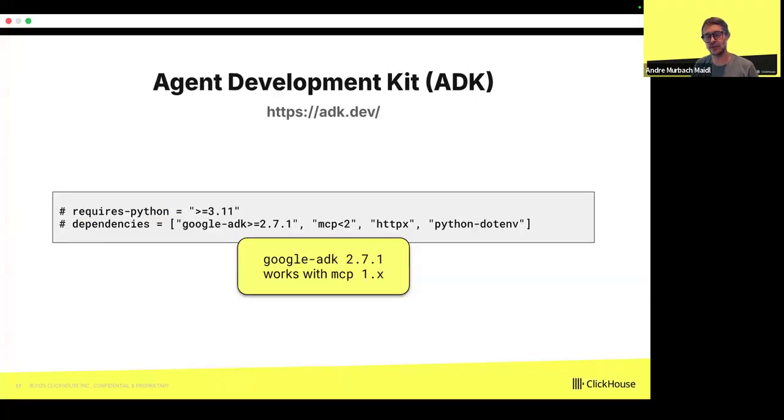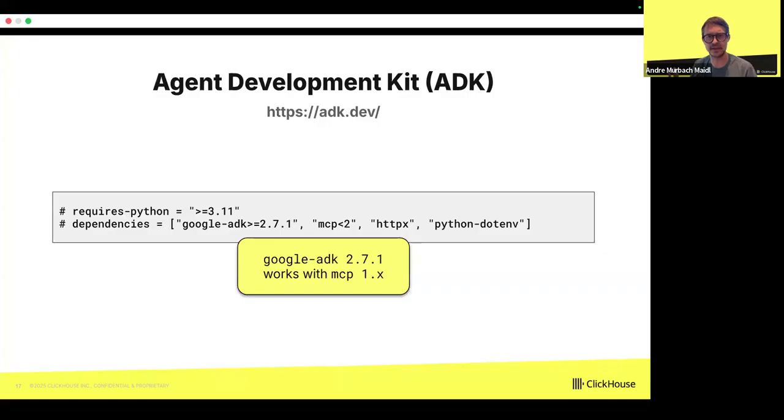For doing that, the requirements that I have: I'm using Python greater than 3.11. I'm also using the Google ADK, the Agent Development Kit 271, and I'm using MCP 1 because I'm not sure if it works with Google 271.